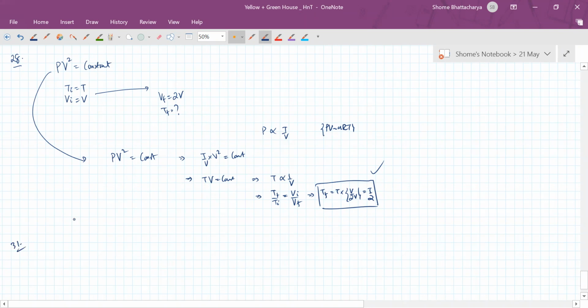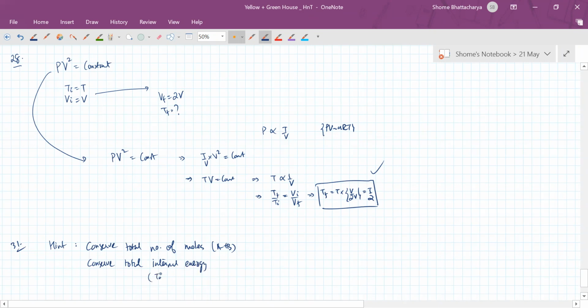31 is one of the more slightly technical questions. So the hint I'll give you in 31 is that conserve total number of moles in the container A plus B, and also conserve total internal energy because it is heat sealed.